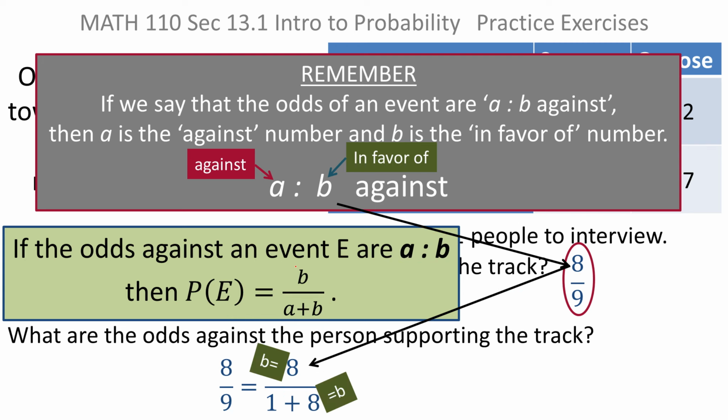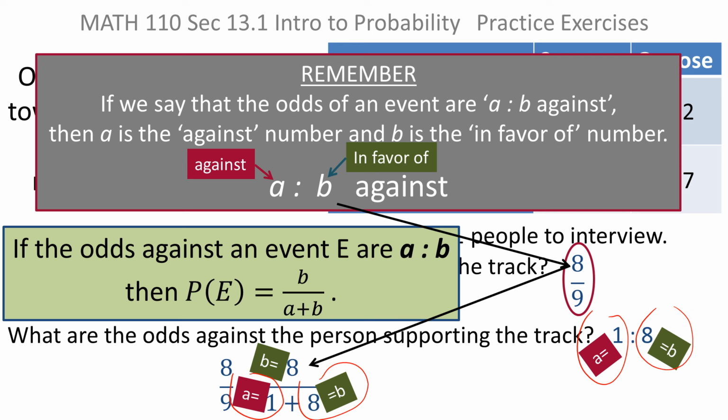I know that the B appears here and here, and the other thing is the A. So the A is 1. Well, once I know what A and B are, I can write the odds against as A colon B. That would be 1 colon 8. The A was 1. The B was 8.